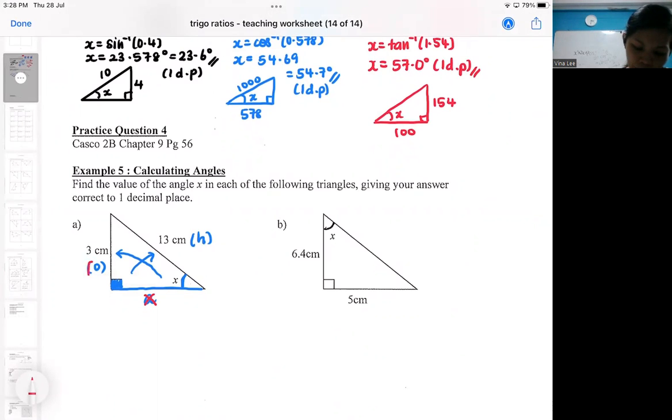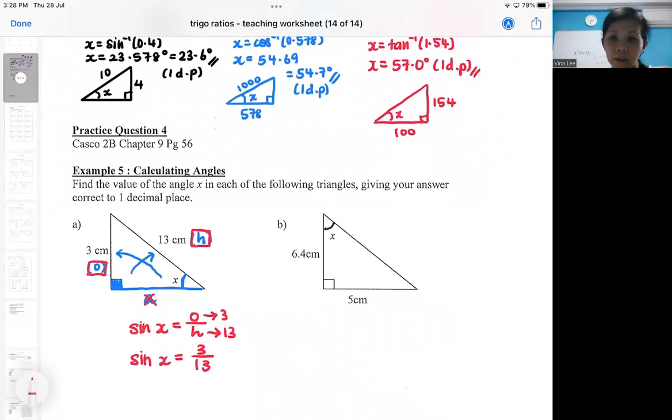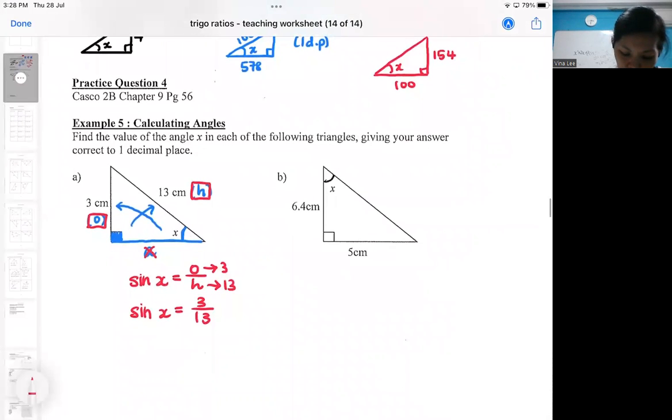So in this case, O and H. So I'll be using the sin X formula. Put in your O, put in your H. Exactly the same way, doesn't change. Except that, of course, you don't have the angle. And except that you got to remember, you got to activate the inverse. Once you forget to activate the inverse, the angle will be a bit weird. You'll find your angle like 0.0 something.